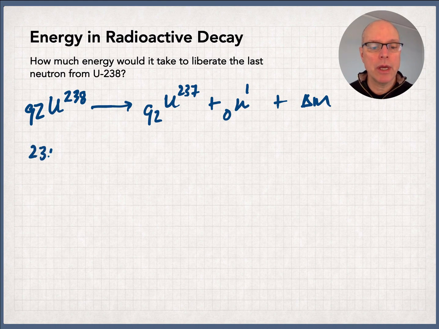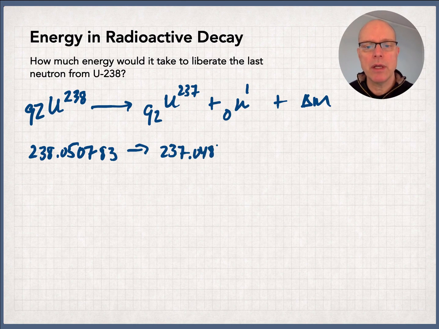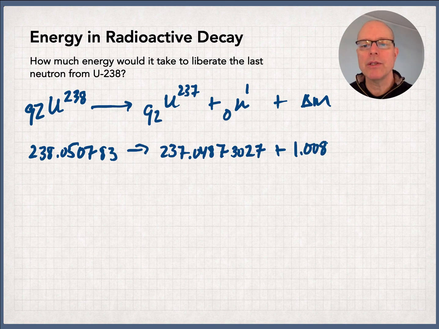So you've got 238.050783 is going to create 237.048730 plus a neutron, and the neutron is 1.008665. And I go ahead and leave my delta M on the side.